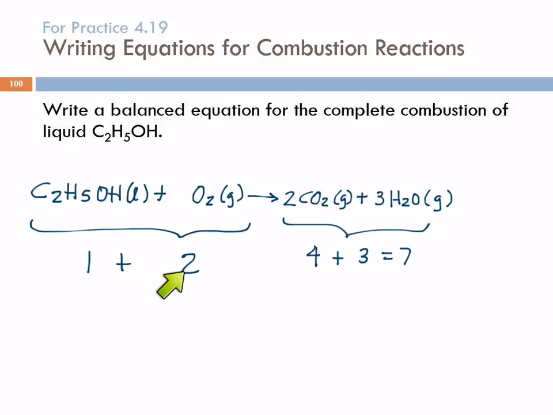If I multiply this by 3, that's going to give me 7. So I need 3 O2s. Any questions? End of chapter 4, finally.